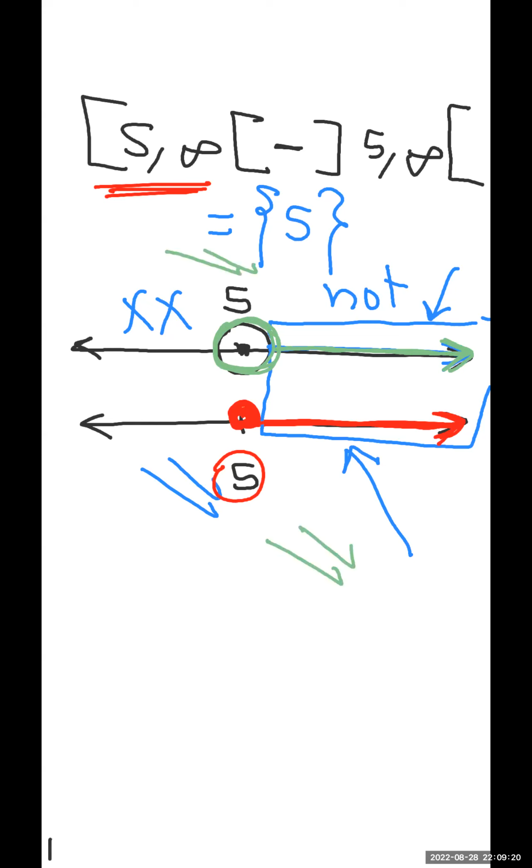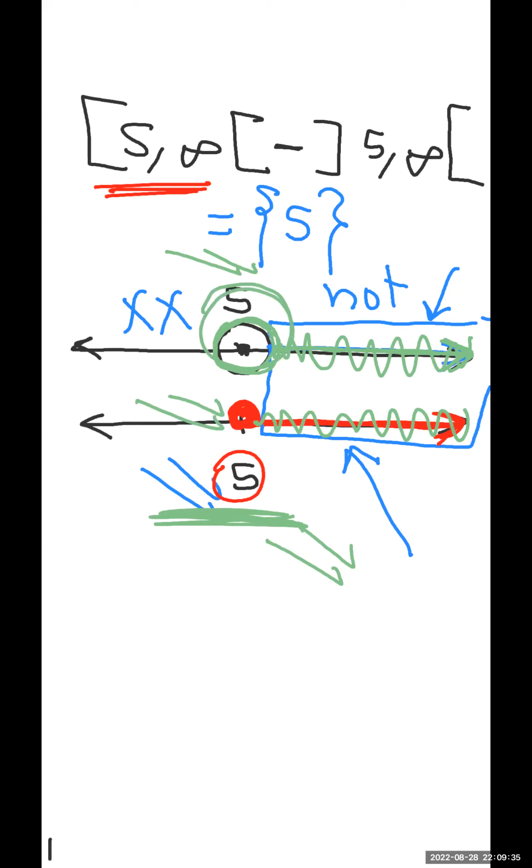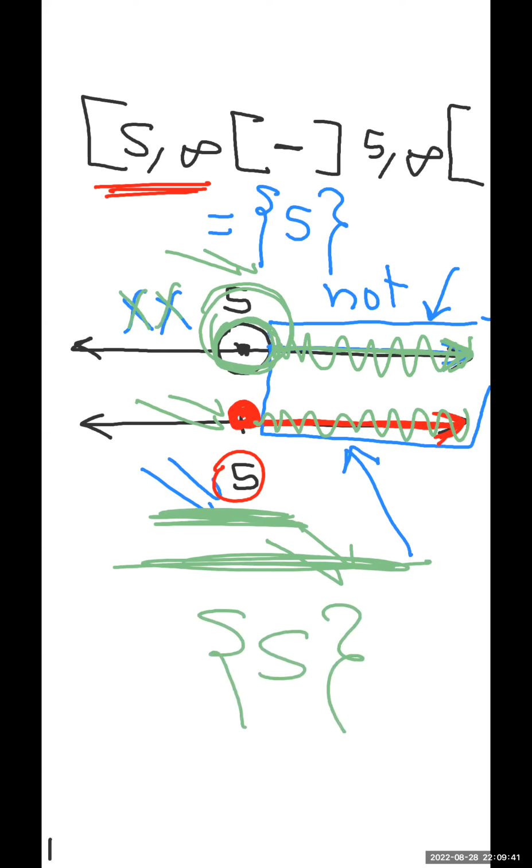This area already exists in the two sets. But the difference is that this interval includes 5, but this interval does not include 5. So the difference, this one consists of 5, but the other one, no. Right? Right. Okay, great, very good.